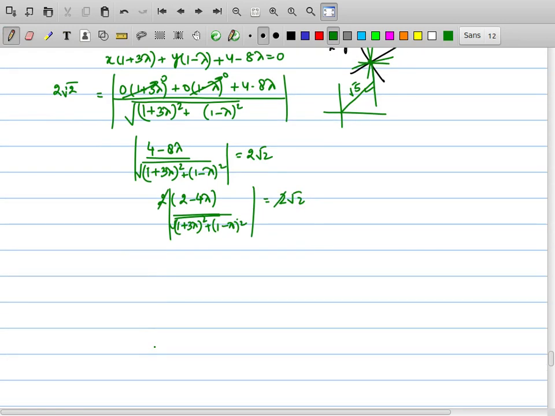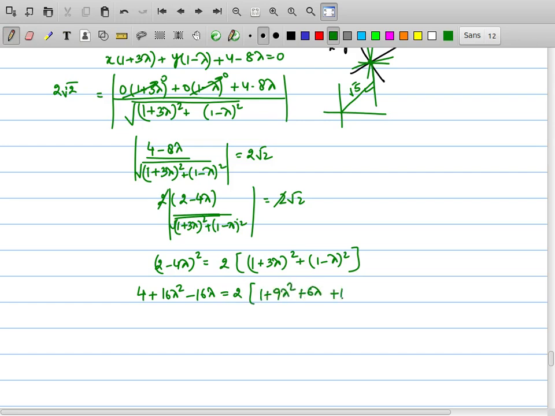Now what we can do is square it. So what we will get: (2 minus 4 lambda) whole square equals 2 into (1 plus 3 lambda) whole square plus (1 minus lambda) whole square, the square root will vanish. Expand this: 4 plus 16 lambda square minus 16 lambda equals 2 into (1 plus 9 lambda square plus 6 lambda plus 1 plus lambda square minus 2 lambda).